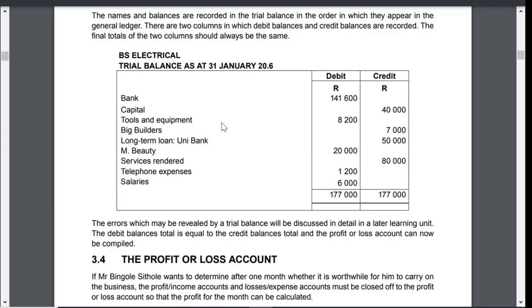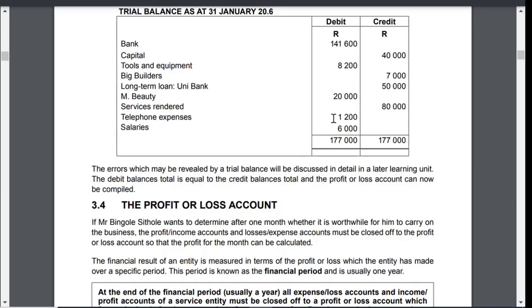Income is 80,000, and the expenses are 1,200 and 6,000. So you'd have made a profit. Yes, because 80,000 minus 1,200 minus 6,000. How much profit did the company make? It's 72,800.